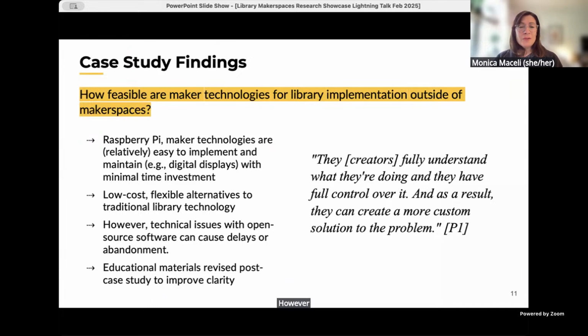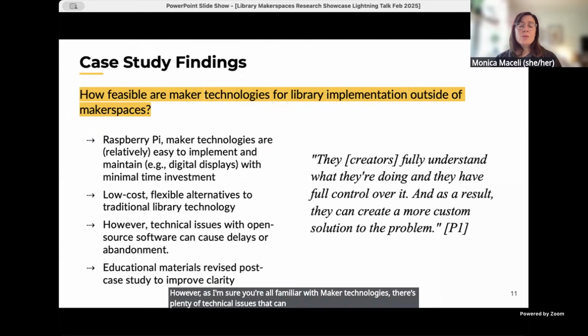However, as I'm sure you're all familiar with maker technologies, there's plenty of technical issues that can come up, and one of the projects, the OPAC station, was eventually abandoned because the Raspberry Pi just simply wasn't powerful enough from the hardware perspective to run the station smoothly.